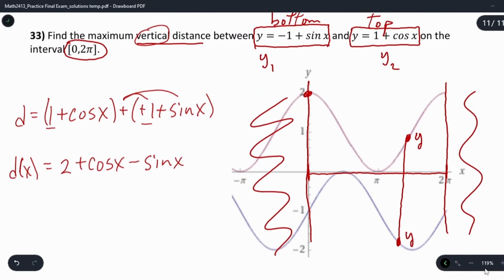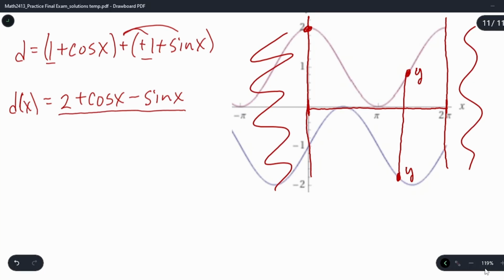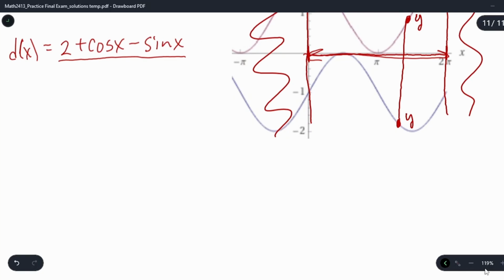And then how do we find a maximum or a minimum? Well, we find critical points. So we need to differentiate this function, set it equal to 0 and solve for x, and then look for any solutions that are on this interval from 0 to 2 pi. Here we go.